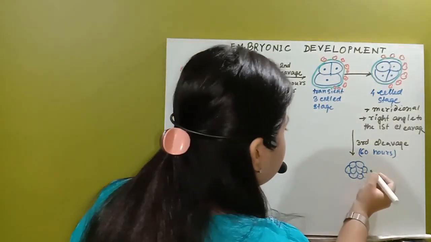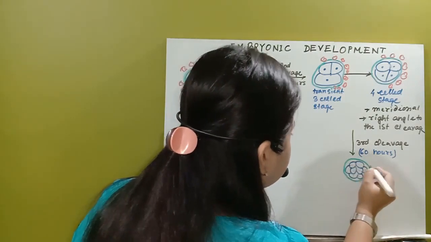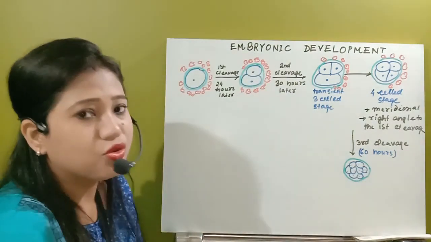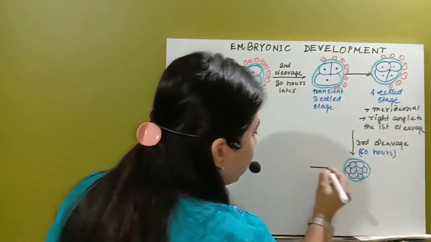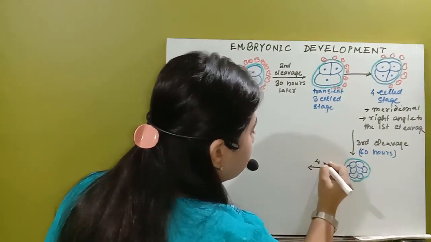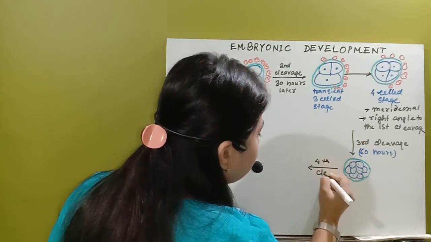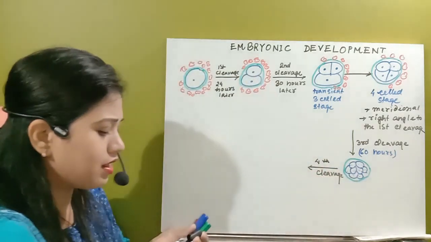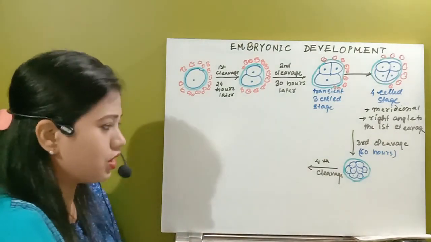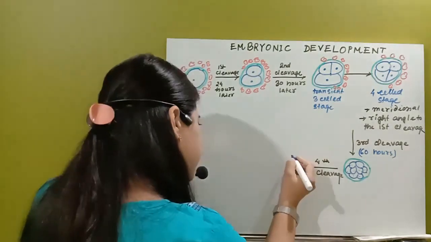So gradually you will have the structure. See, this is known as the morula. After third cleavage we will have the 8 cell stage, and after fourth cleavage we will have a 16 cell stage. So what can we call that 16 cell stage?